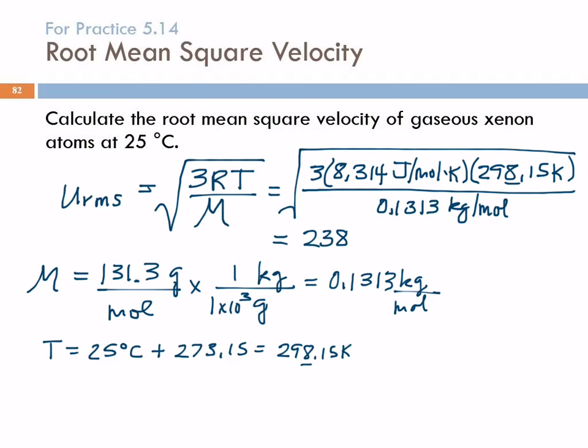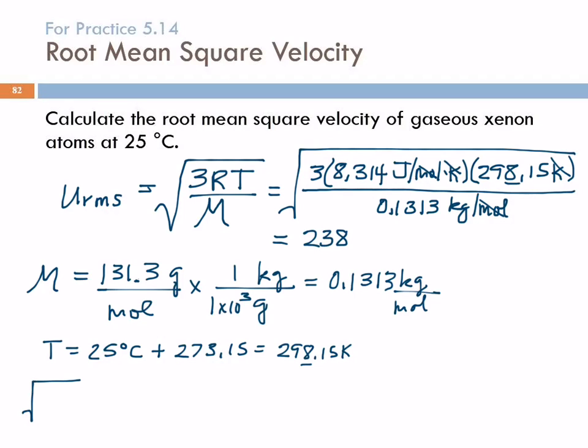And you can look at these units and you're like, okay, I see that the moles cancel, and I see that the kelvins cancel. But then I've got the square root of joules per kilogram. So I know some people are curious about this.